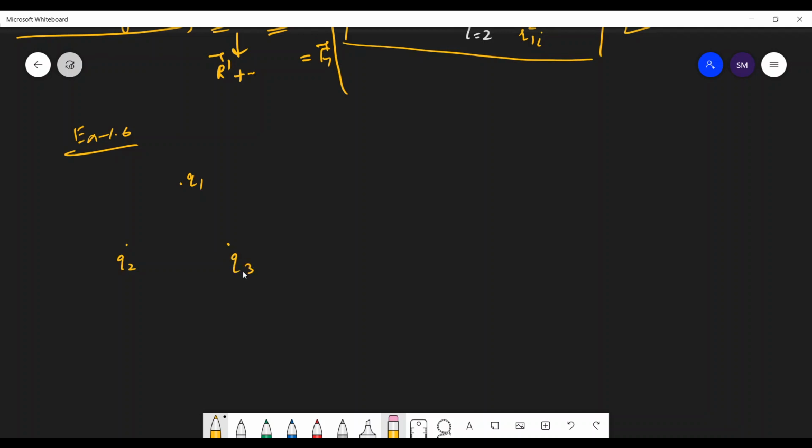These three charges are equal. Q1 is equal to Q2 is equal to Q3 is equal to Q. That is given to us, that all three of them are the same and they are on the vertices of a triangle.